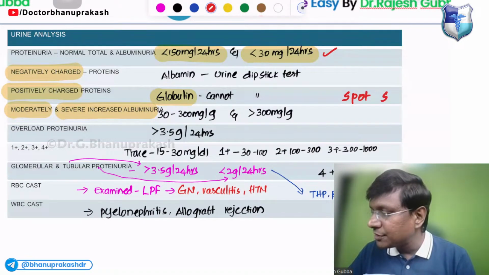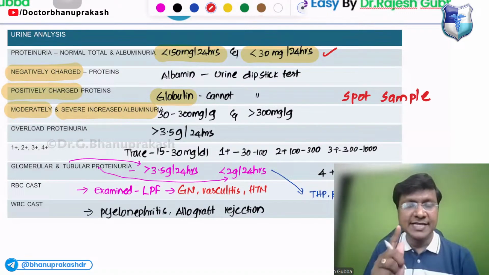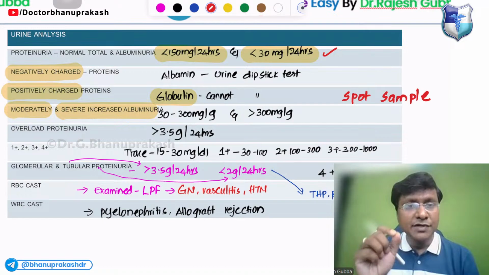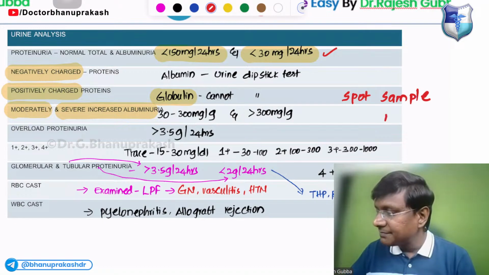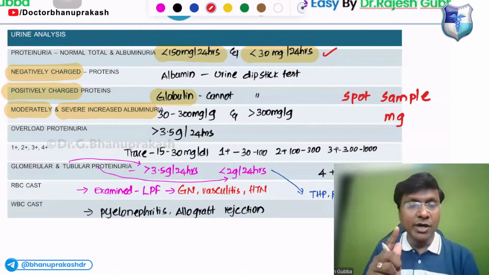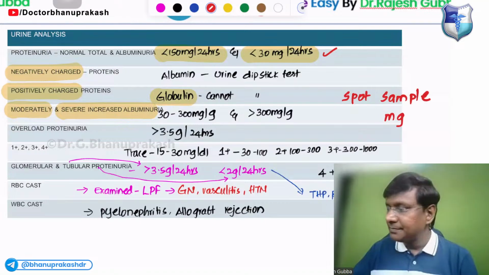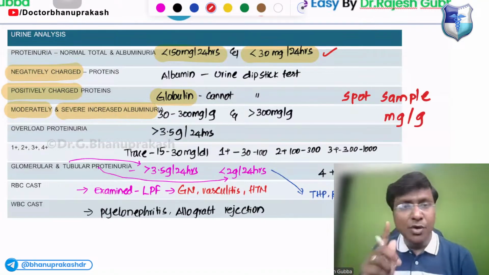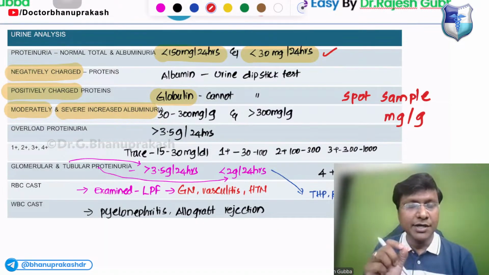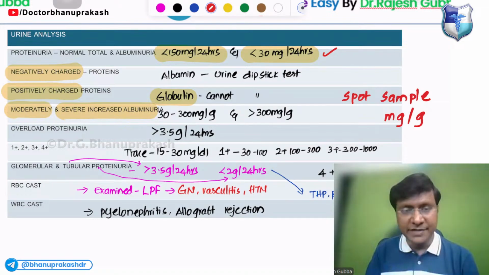In the spot urine sample, we are measuring the quantity of the protein excreted in milligrams per gram of creatinine.